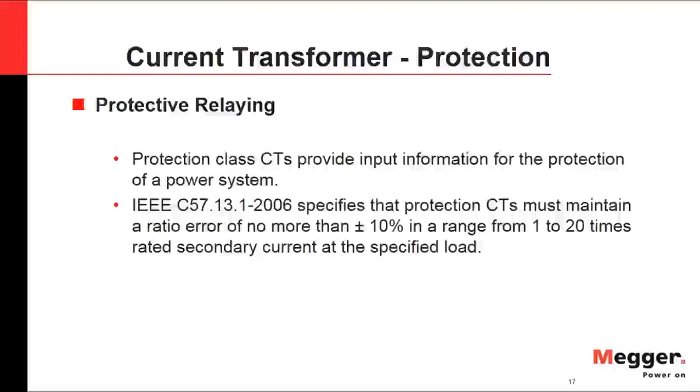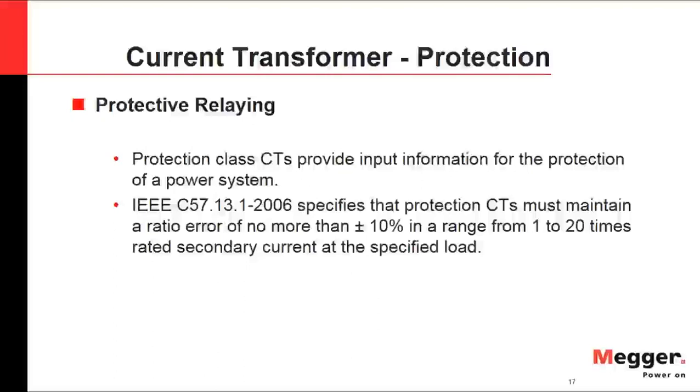What the standard is trying to say here is that we are not worried about high accuracy on this CT, but we are worried about this CT being able to handle primary currents or overload up to 20 times the rated load on the primary and, of course, on the secondary as well.